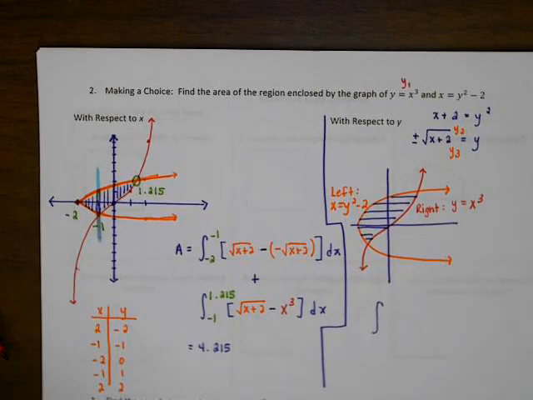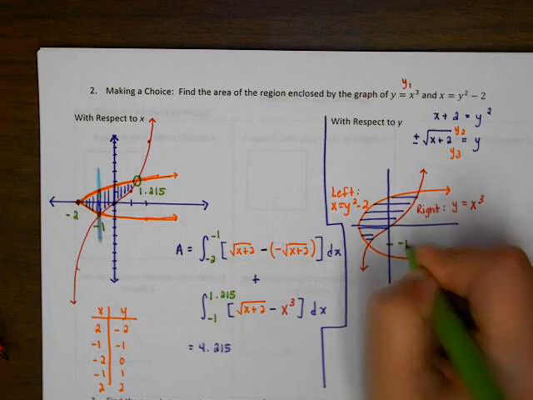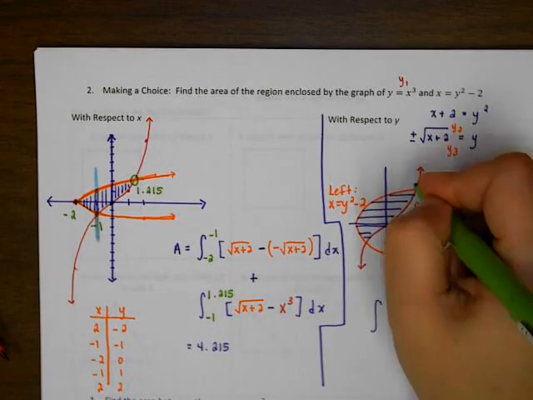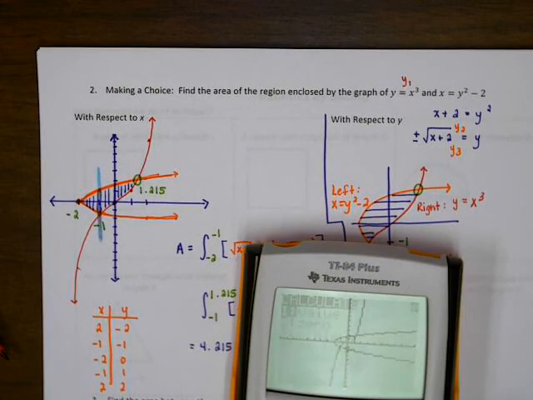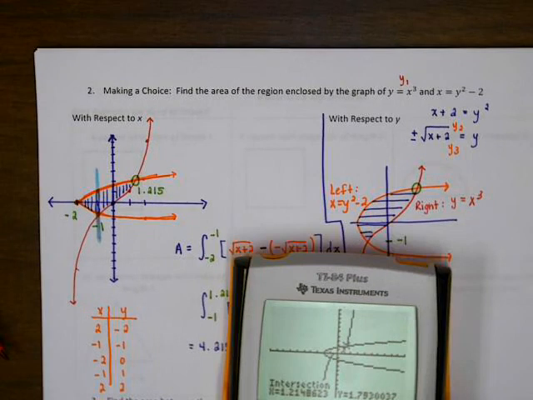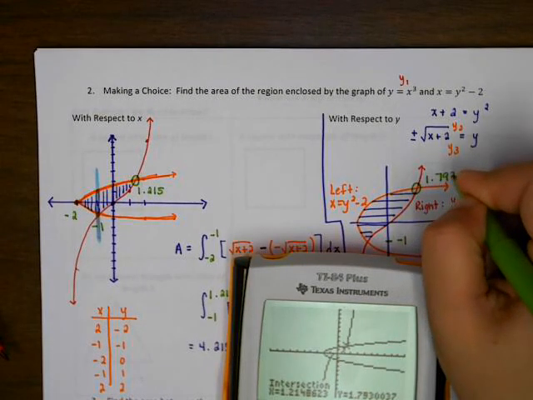Now to set up this integral, we're going to need to know the y values. This y value is -1. This y value, if I go back to my intersection point on my graph, now I care about the y values, which the y value here would be 1.793.